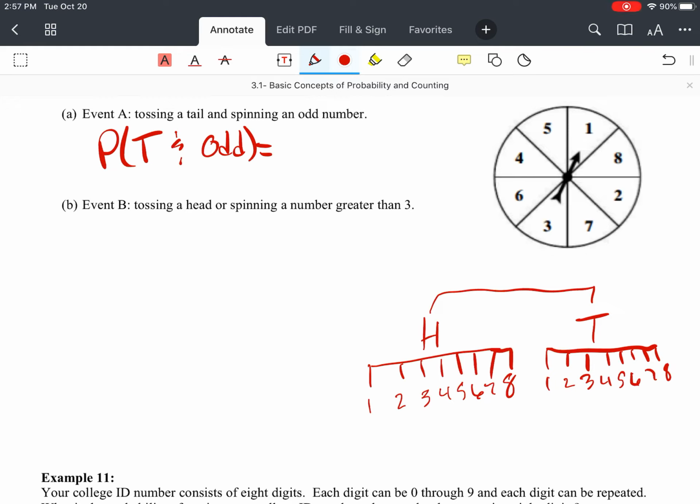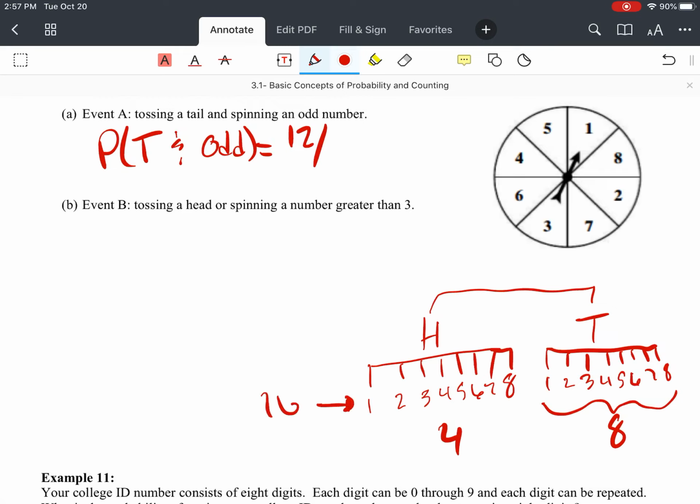Okay, so tossing a tails, well, there's 8 possible outcomes over here. Okay, so we're going to include all of them. However, over here we have how many odds? We have 1, 2, 3, 4 odds. Okay, so we have a total of 4 odds on this side and 8 possible outcomes on the other. So we have a total possible of 12 outcomes. And how many possibilities?